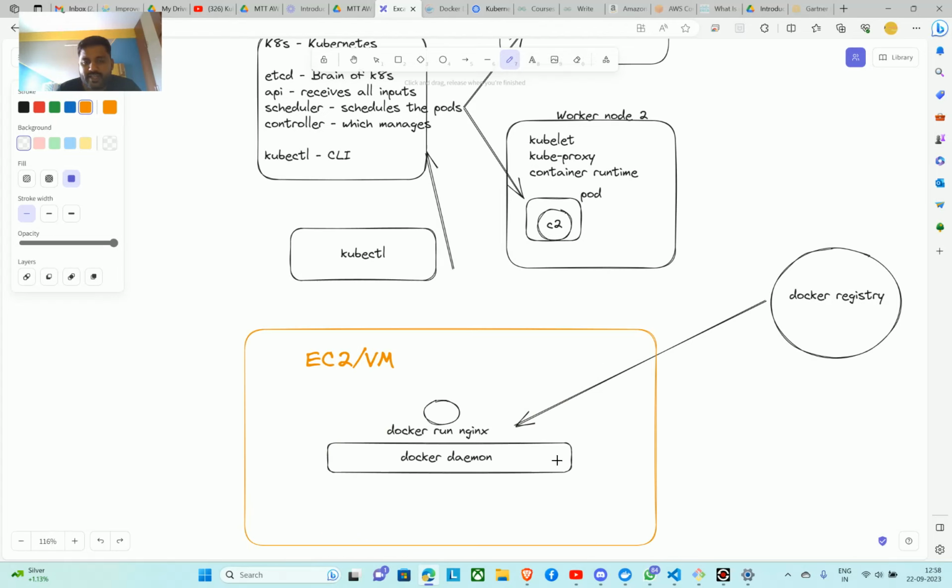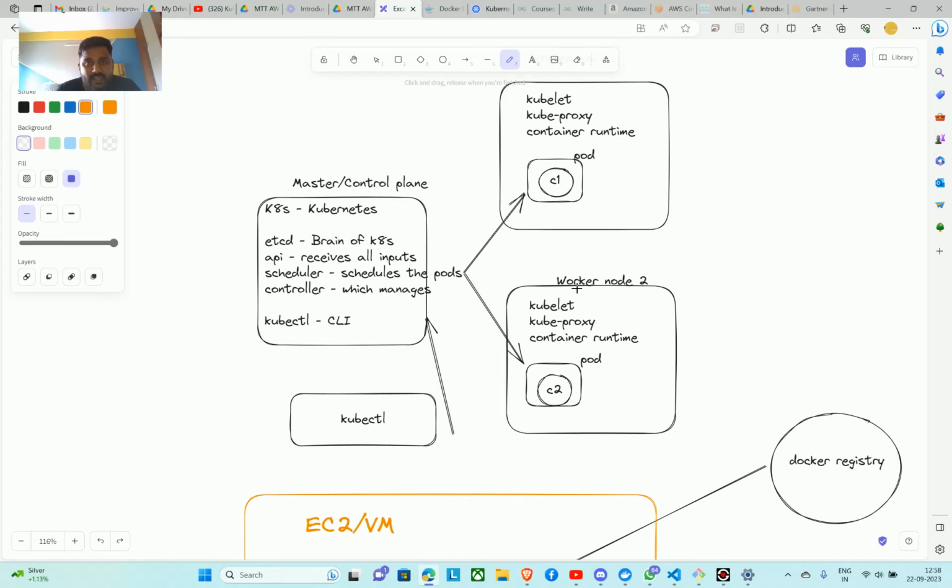As we have seen, we need a Docker daemon to run containers, so we need a container runtime like Docker or CRI-O. There are many container runtimes, and as per your production or organization requirement, you will install those. So these three components, kubelet, kubeproxy and container runtime, will be there in the worker nodes. And these are the components of the master node: etcd, API server, scheduler and the controller.